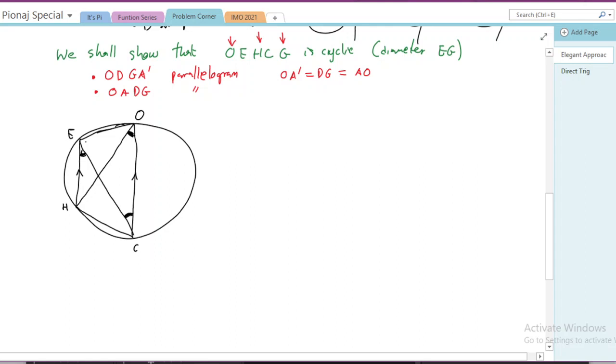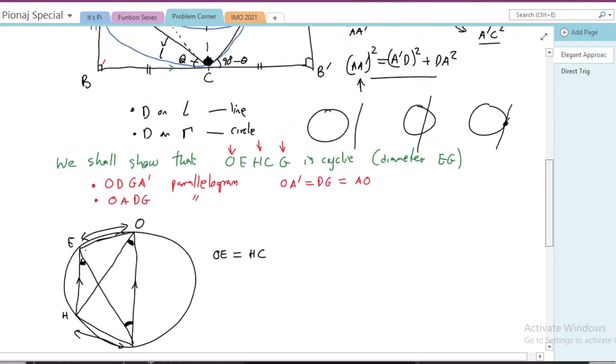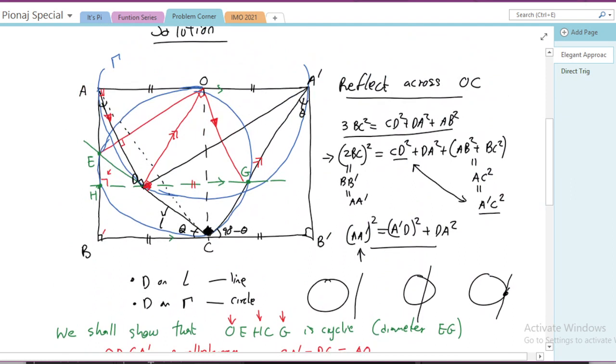So the angle at O and the angle at C that I've marked are equal, and so their corresponding segments would also be equal. So this means that OE is equal to HC. Okay, now going back. So OE and HC are equal.